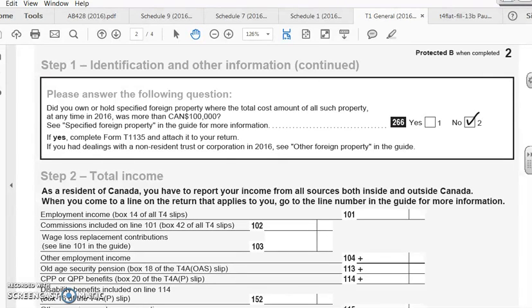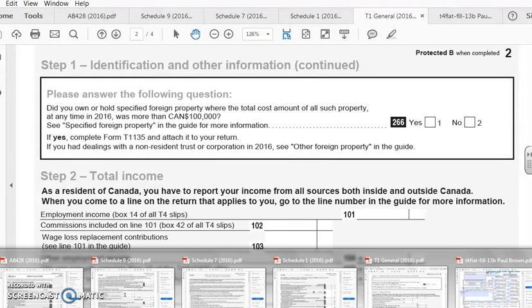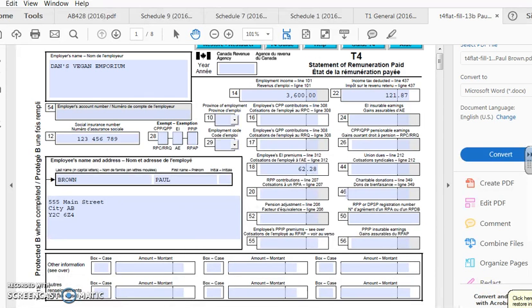The next thing here is we are going to include his employment income. That is line 101. And we take a value from both his T4 slips, that we showed earlier. From Dan's Vegan Emporium, he made $3,600.